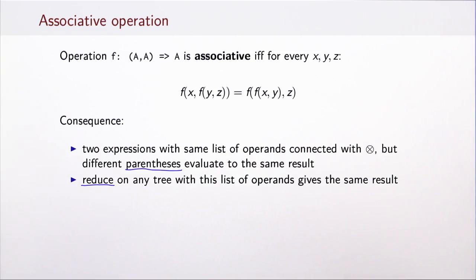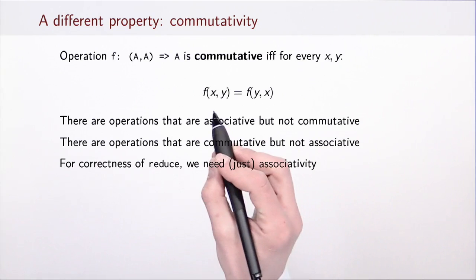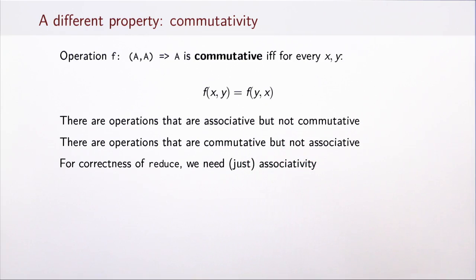But to make these observations useful, we need to have examples of relevant associative operations. When we discuss associative operations, it's important to differentiate associativity from commutativity. Commutativity just means that for a binary operation, we can swap the order of the two operands.